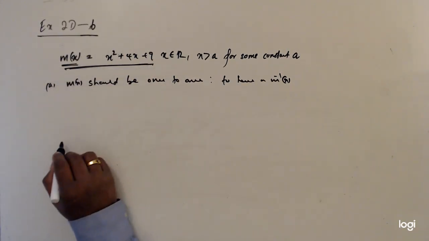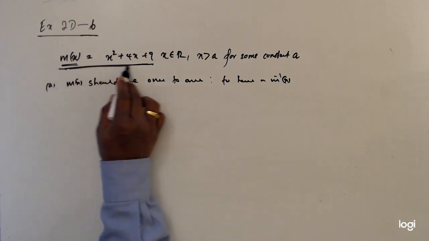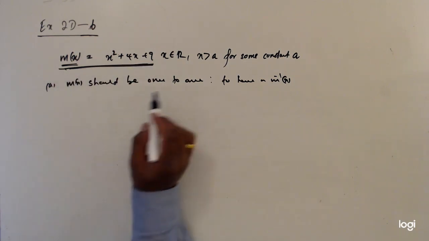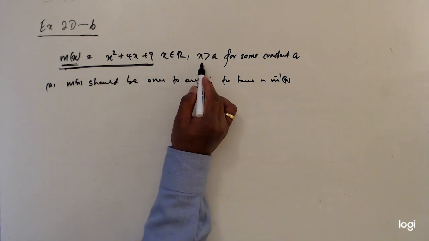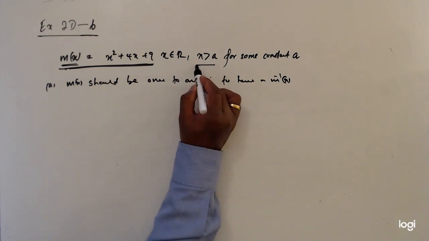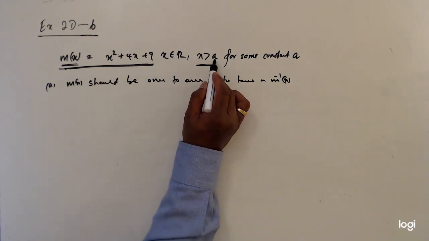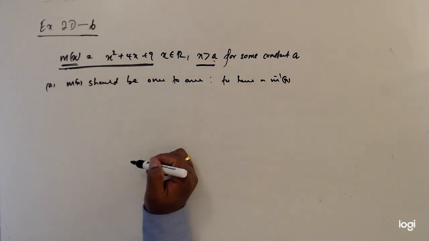So we want to turn this many to 1 into 1 to 1 by restricting the domain. So the restriction is given, and you want to select which value it is.